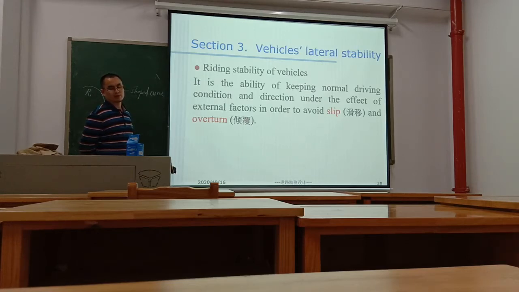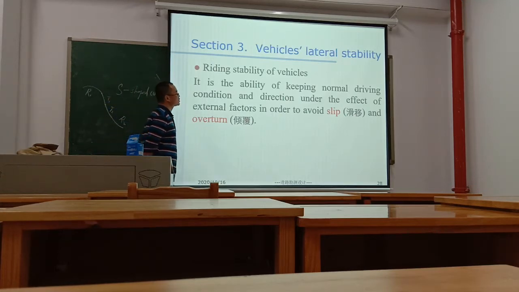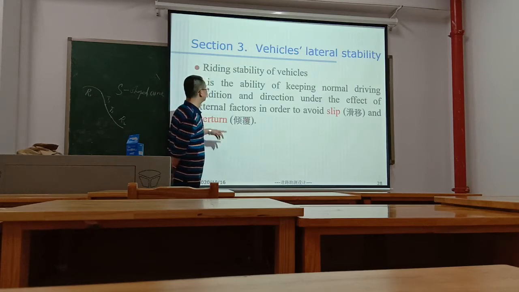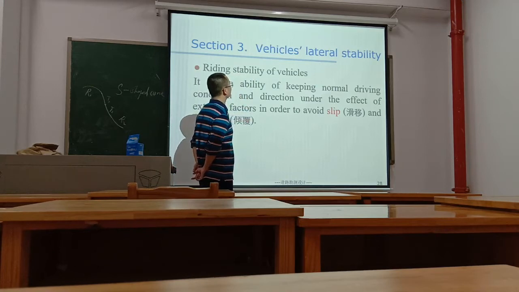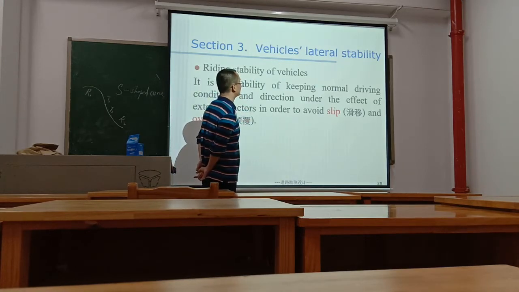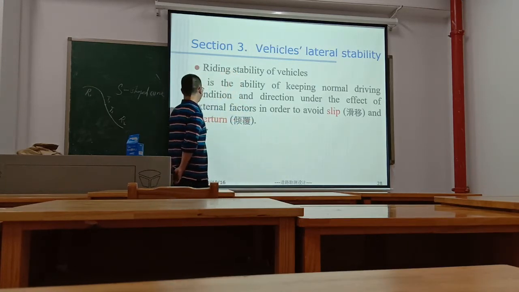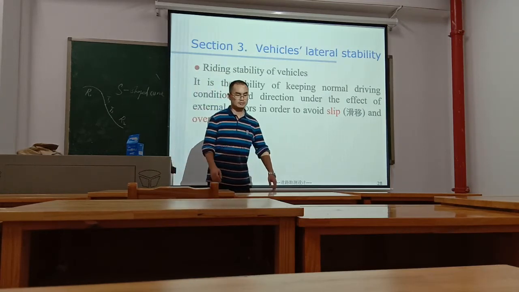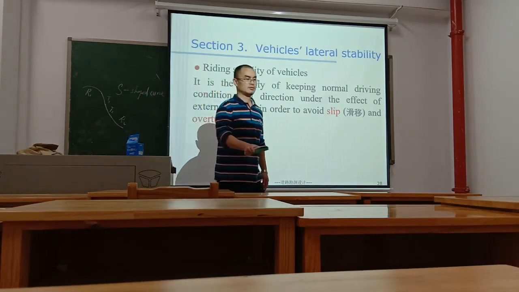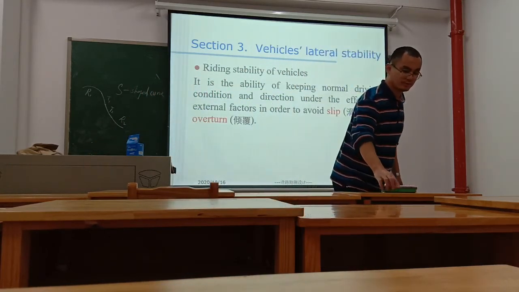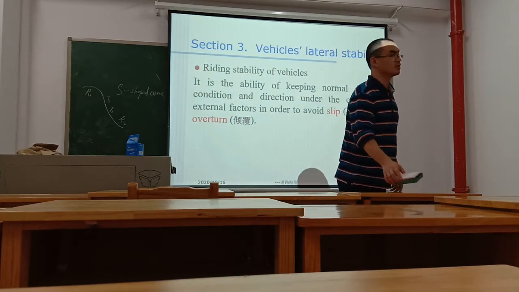Riding stability of vehicles is the ability of keeping normal driving condition and direction under the effect of external factors, in order to avoid slip and overturn. What's slip? When driving, this is slip.